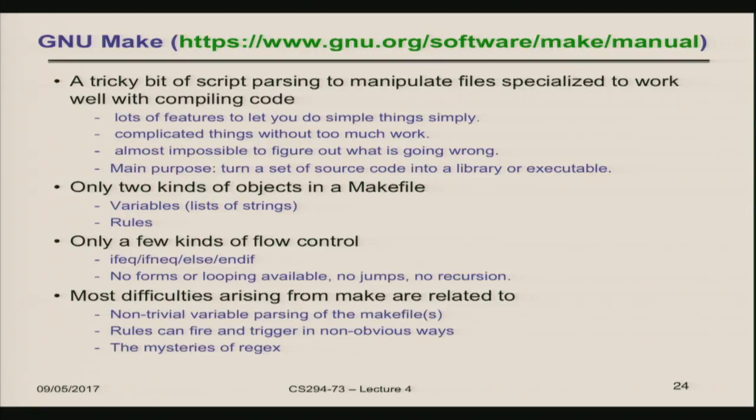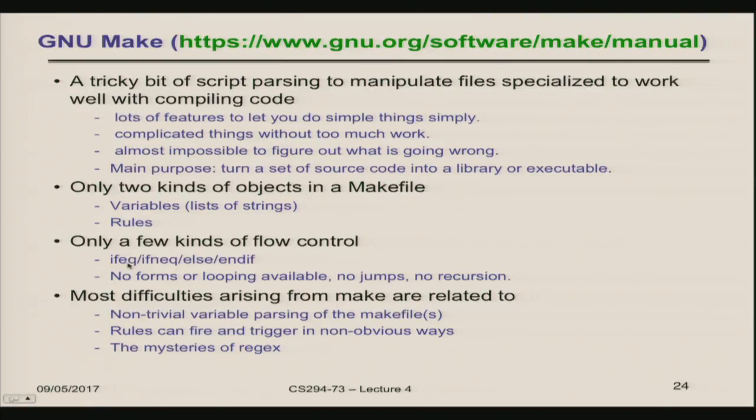There are only 2 kinds of objects in a Make file. There are variables, which are lists of strings, and then there are rules, which are essentially lists of shell commands with a particular set of information that tells you what to do.